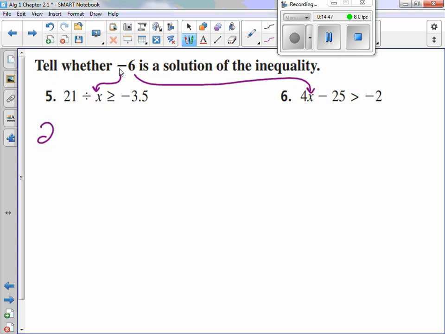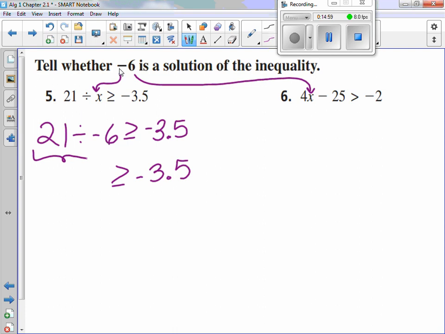So what do I have here? 21 divided by negative 6 is greater than or equal to negative 3.5. Angel, what goes on the left side here? What is 21 divided by negative 6?